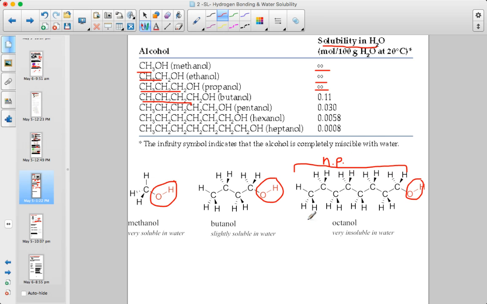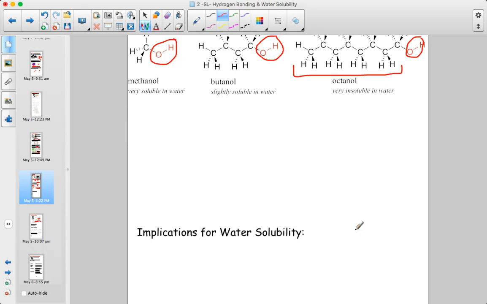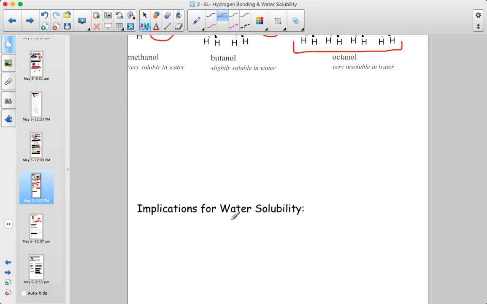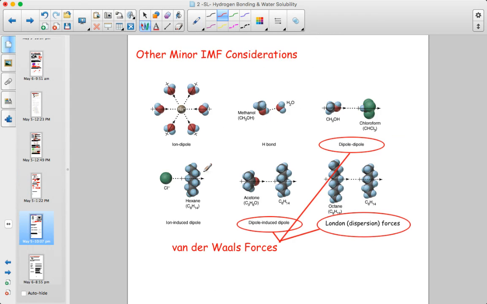It doesn't mix with that part. So as that part of the molecule gets larger, the molecule will get less and less soluble because water can't dissolve it as well. So the main implication for water solubility is that as the non-polar part of the molecule increases, usually as molecules get larger, they get less water soluble.